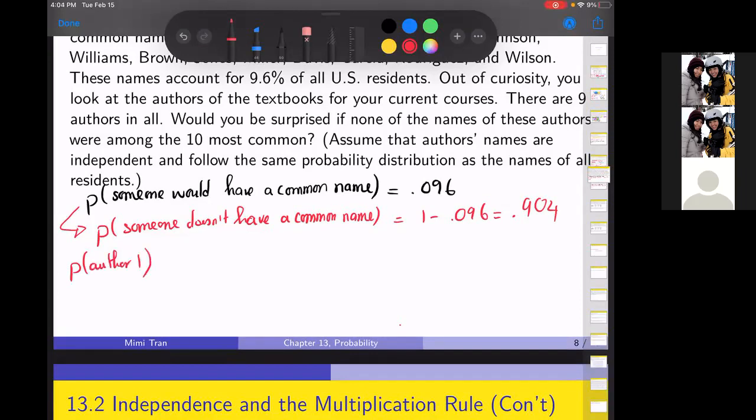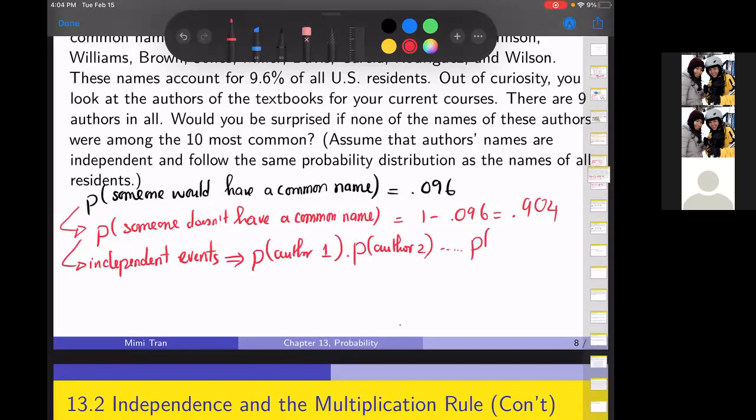Because it's independent, maybe best to write it here. It's independent. Independent events imply the probability that author one does not have a common name, times the probability of author two, and so on, all the way to author 9, right?